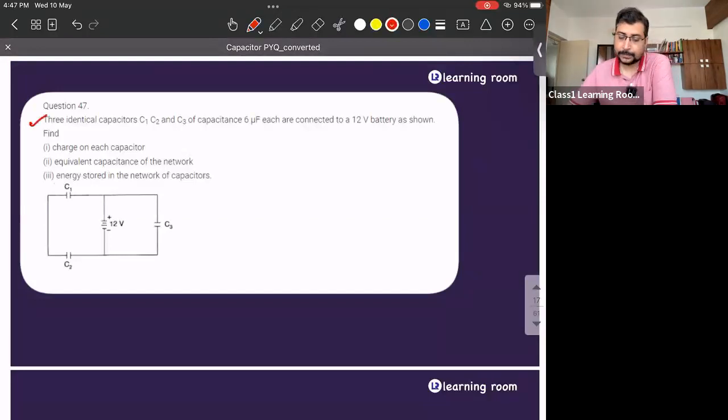Try solving this. There are 3 identical capacitors C1, C2, and C3 of capacitance 6 microfarad each connected to a 12 volt battery as shown in the figure. Find the charge on each capacitor.